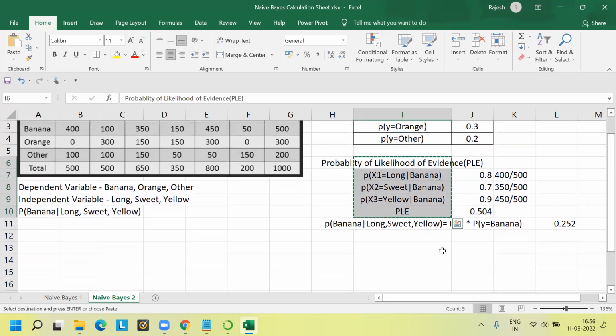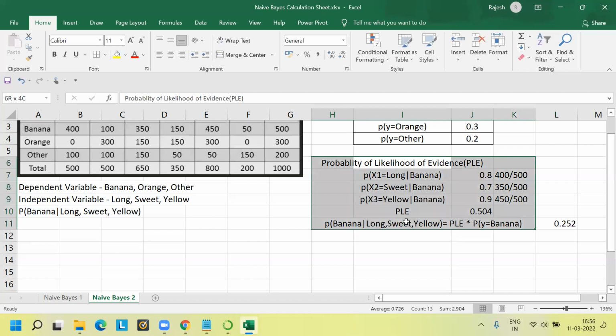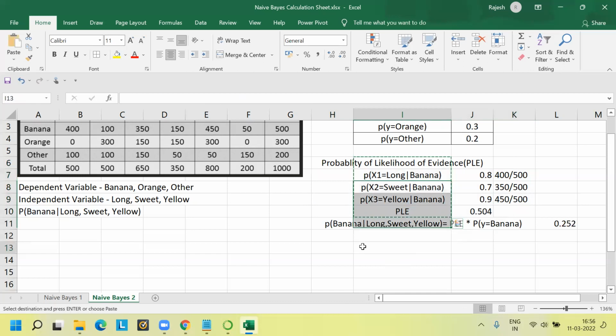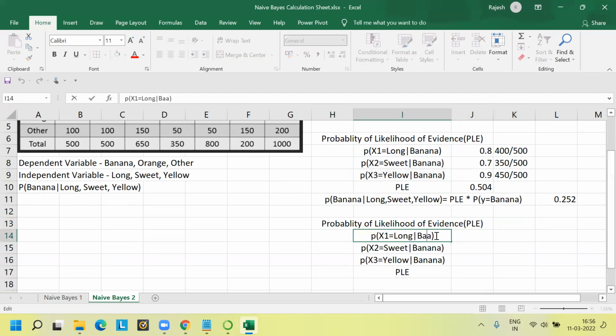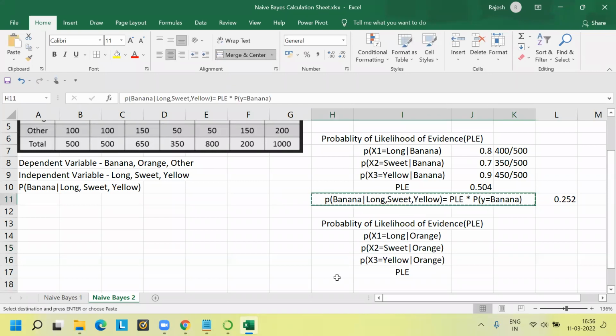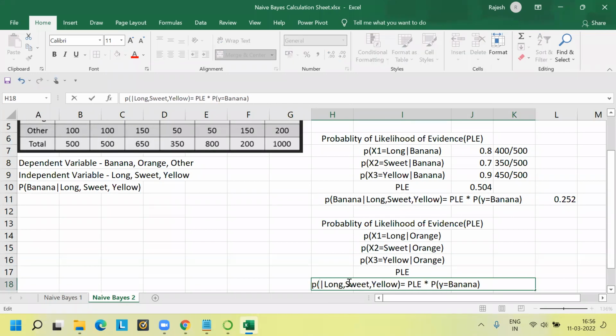You can copy all of these things, then all the bananas will be changed to orange.